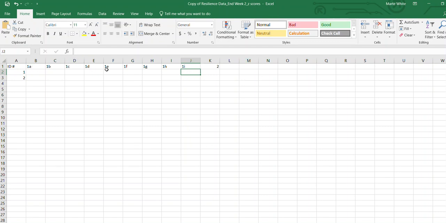If you have more than one questionnaire, just keep on going for all the different questions that you have on your survey. Every survey question that you sent out should have a column where you can input the information that you have collected.